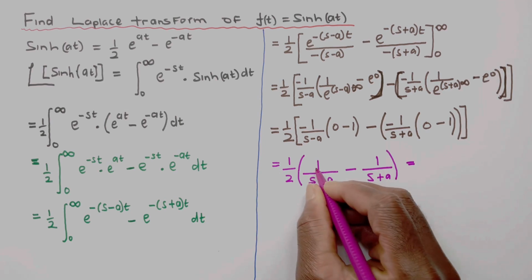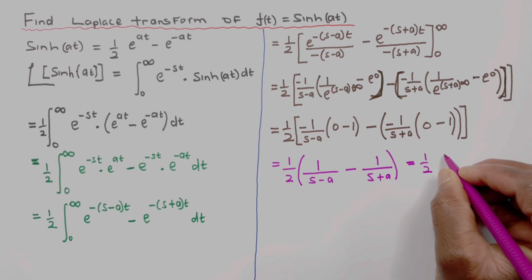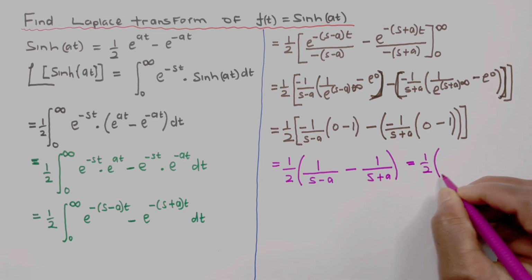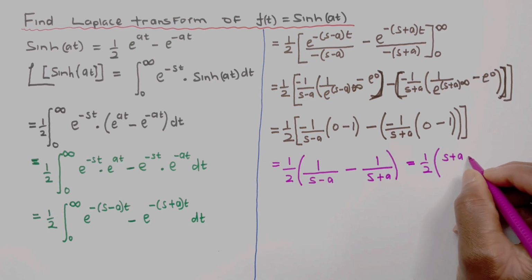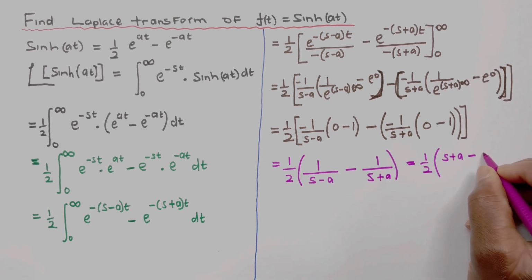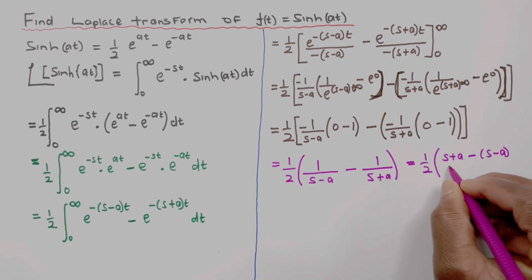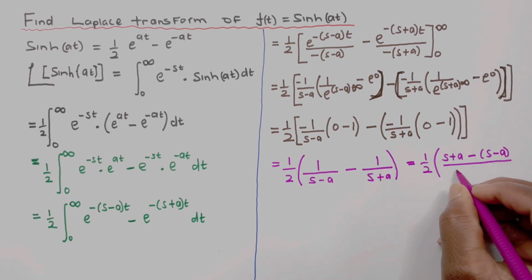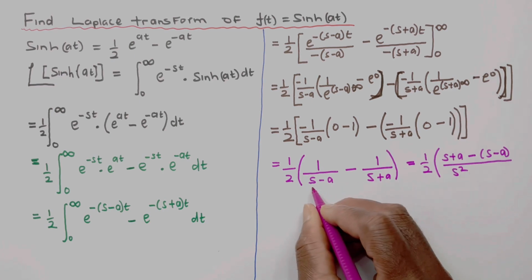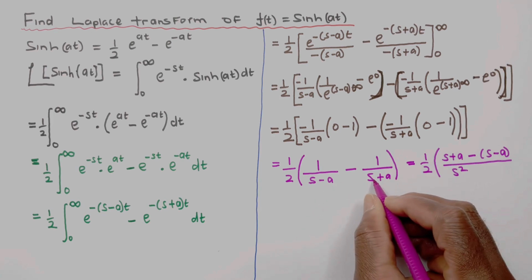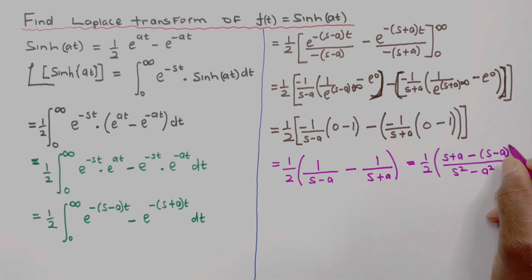So cross multiply and then multiply the denominator. A half, s plus a minus open bracket s minus a, divided by s times s squared, s times minus a, s times a, that cancels out, a times minus a is minus a squared.